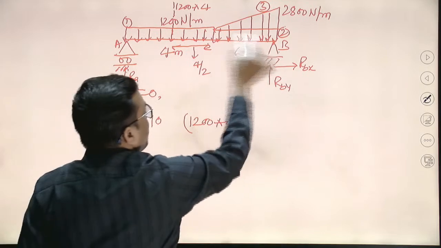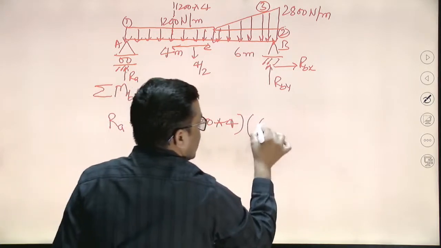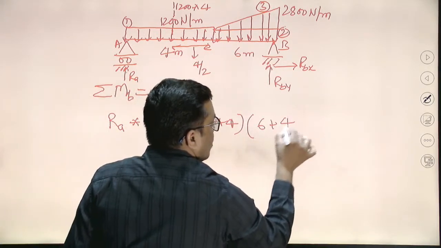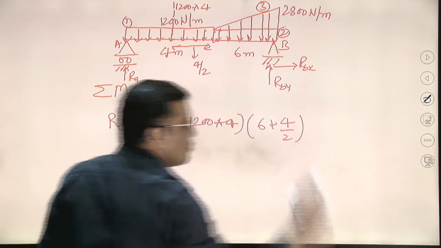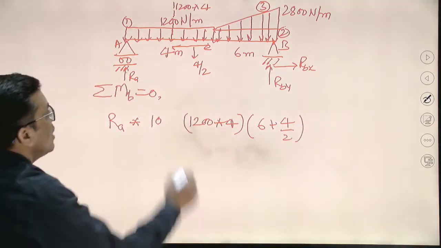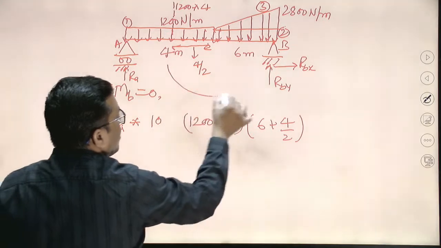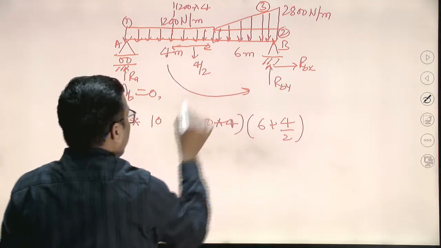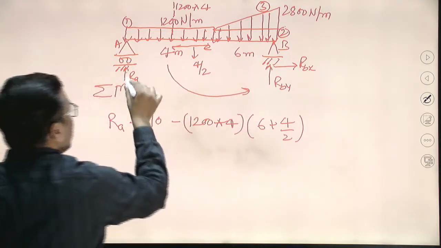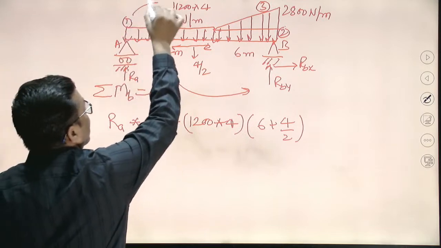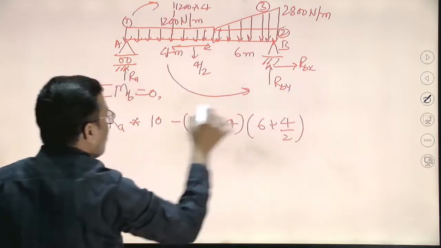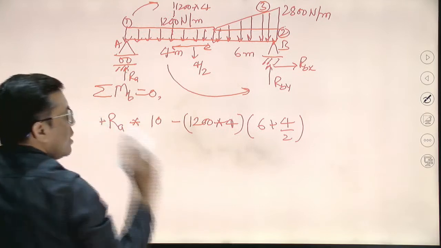How far is it from point B? It is 6 plus 4 by 2. The tendency of rotation about point B is anti-clockwise, so I am taking it negative. Because of RA, it is clockwise tendency of rotation about point B, so I am taking it as positive.